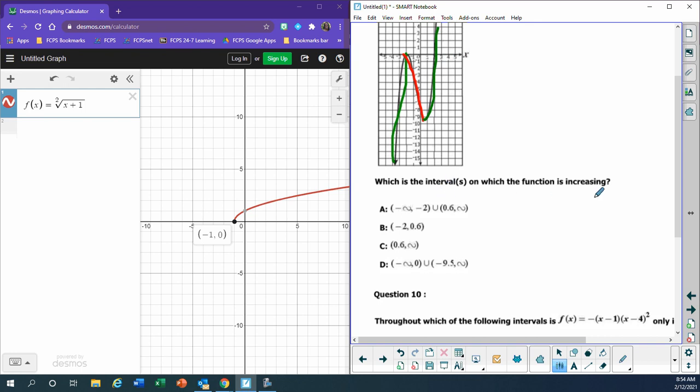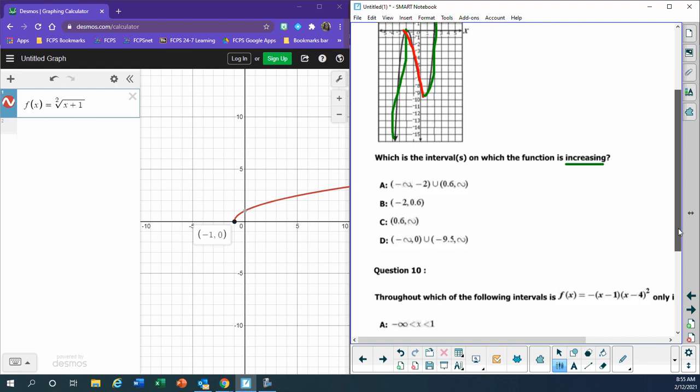So the question is increasing, so I'm looking for the green one, right? From -infinity all the way to -2, right? That's the -2 is the x coordinate. And then from +0.6, I guess, all the way to +infinity. So negative infinity to -2, and then from +0.6 all the way. So A would be the right answer.